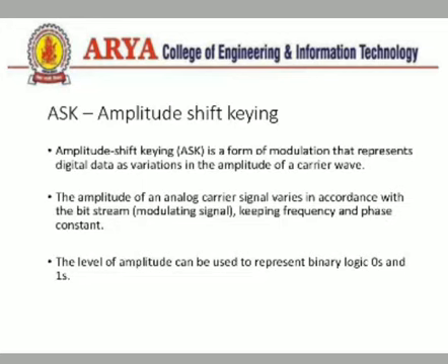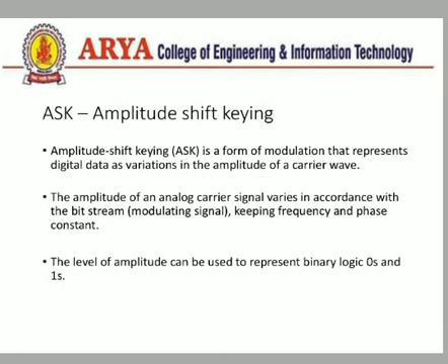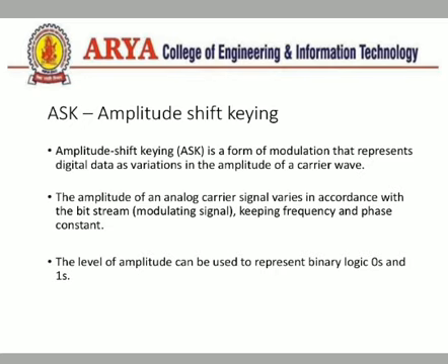Amplitude shift keying is a form of modulation that represents digital data as variation in the amplitude of a carrier. The amplitude of an analog carrier signal varies in accordance with the bit stream, meaning the modulating signal, keeping frequency and phase constant.